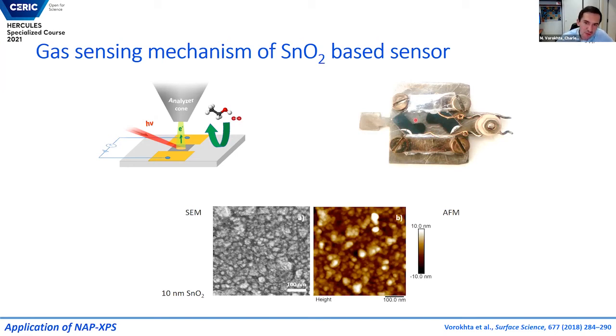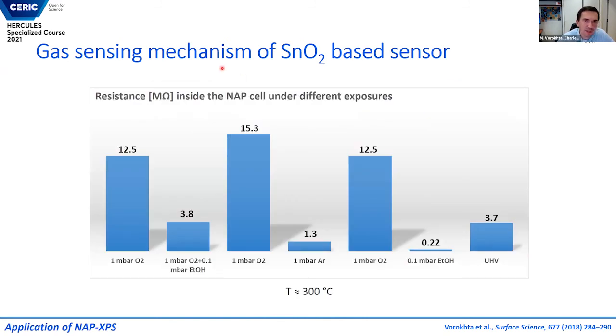So then we deposited some nanostructured tin oxide layer on the two electrodes, and we were measuring the resistance of this layer between these two electrodes. Here are some resistance measurements. We were exposing such a sensor to, for example, an oxygen mixture with ethanol. Ethanol was used as the reducing gas.